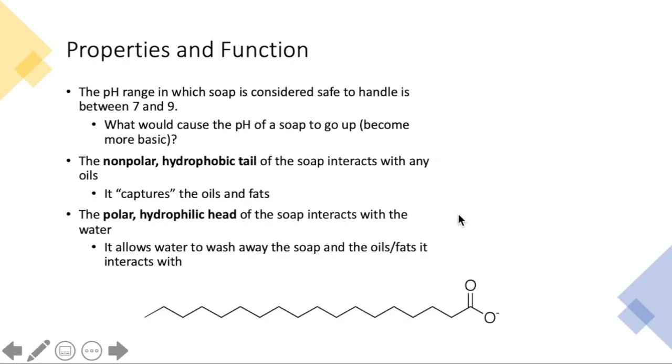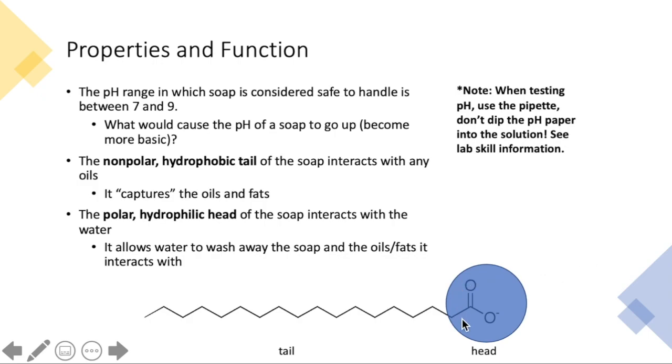What is actually happening at the molecular level? If this is our fatty acid here with this carboxylate ion at the end where we have COO- group, this part of the molecule is polar, so we sometimes call it the head, the polar head, and this part of the molecule is nonpolar, and we sometimes call that the tail.